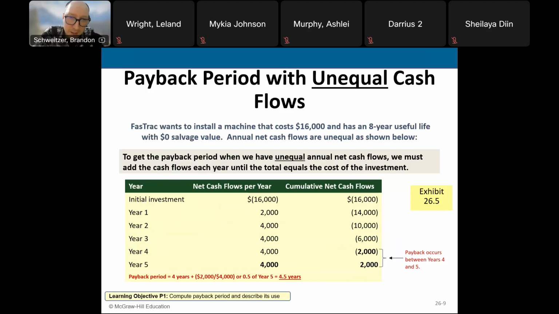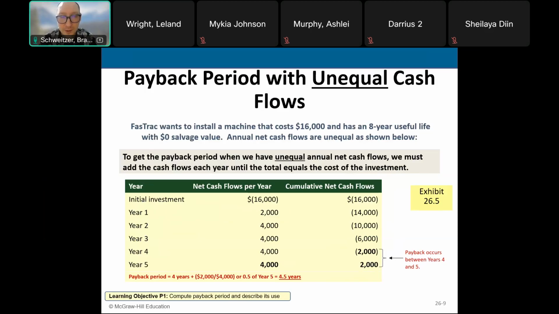So let's take a look graphically and understand how this works. I got minus 16,000 in year 0, and I'm going to add every time my net cash flow is positive. So minus 16 plus 2 is minus 14. Oh, so you got to look at the right side like a negative because that's the initial money. You got it. That's exactly right.